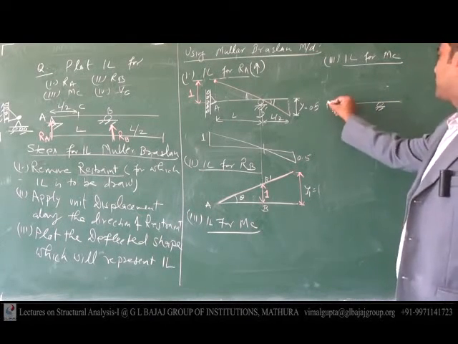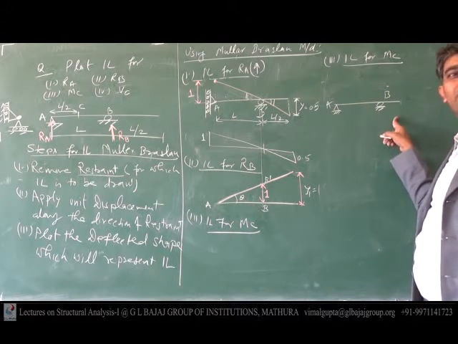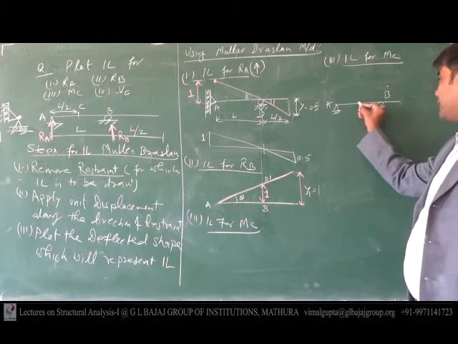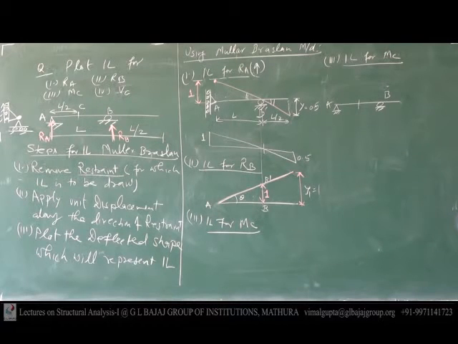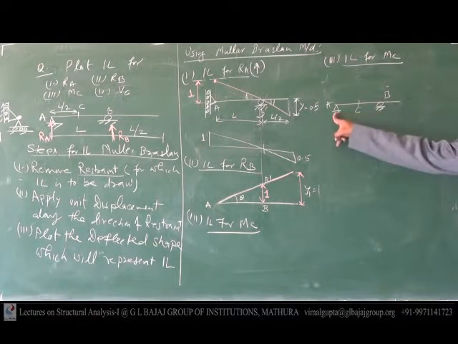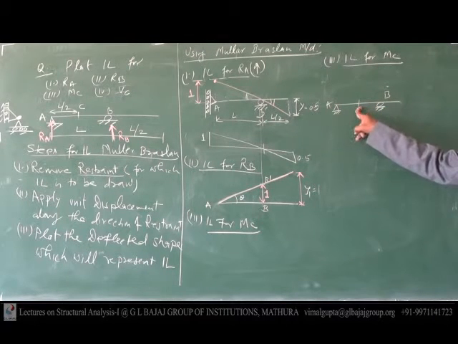Should I remove any support at A or any support at B? What should I remove? Provide internal hinge at this point. Clear to everybody? Provide internal hinge. We do not have to remove RA or RB. We have to provide internal hinge.